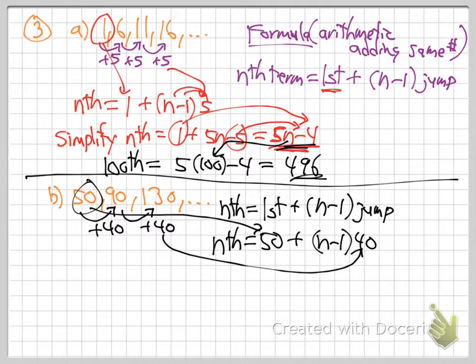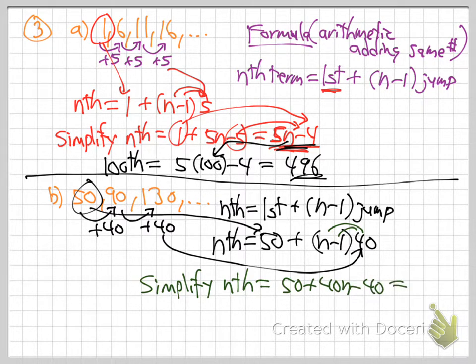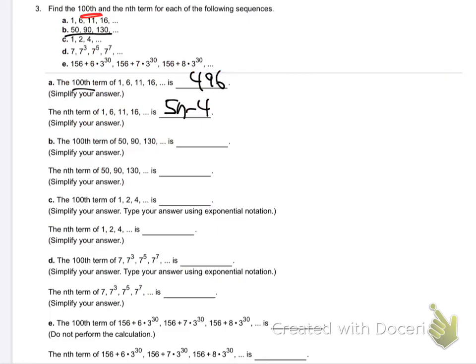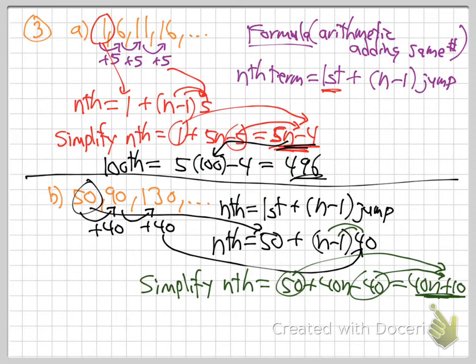So now just distribute that 40 and simplify. 50 plus 40n minus 40, which is 40n plus 10, isn't it? Because 50 minus 40 together make the 10. So there's the formula for the nth term, 40n plus 10.